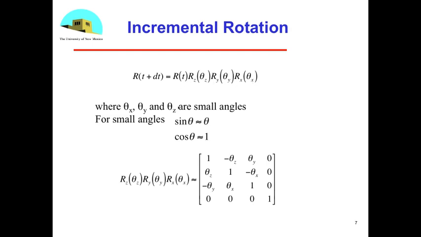Then I can use small angle approximations in the rotation matrices about the x, y, and z axes: sine of theta for a small angle is about theta, and cosine theta is approximately equal to 1. If you do that for all three angles, theta x, theta y, and theta z, you can show that this product is approximately this very simple matrix with these thetas in it. Now we don't have any trigonometric functions here.